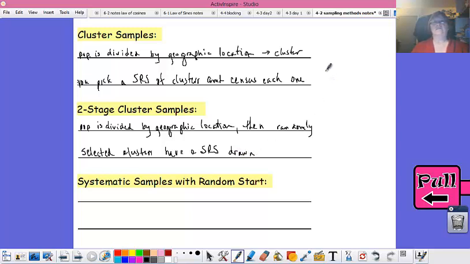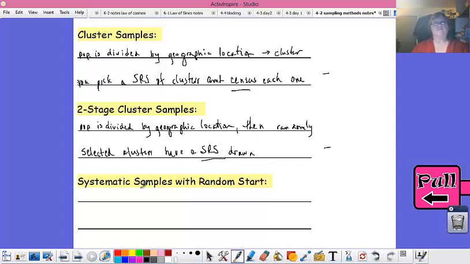So really the only difference between here and here is that here you census, here you simple random sample. This one is going to get input from everybody in each cluster. This one is going to get input from randomly selected units within each cluster.